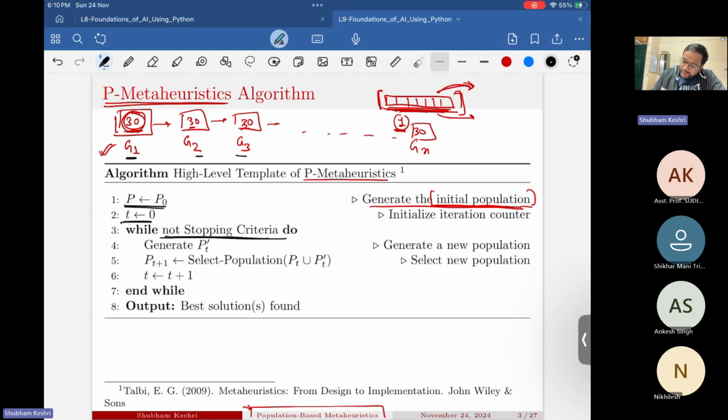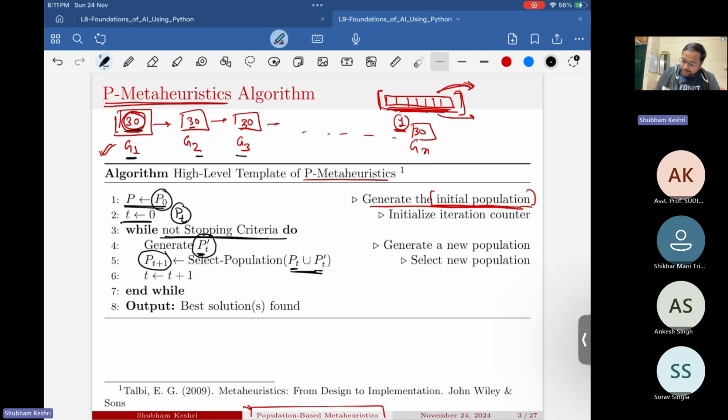Okay, so at generation 0, currently t is equal to 0, we will generate P dashed t. P dashed t is a new generation. And you combine Pt and P dashed t. So Pt is one generation and P dashed t is another generation. You combine all the individuals in those generations and you pick.